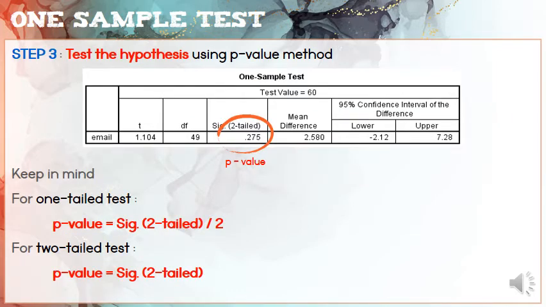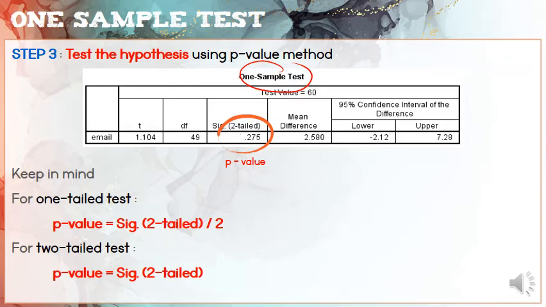Kalaulah soalan suruh you test hypothesis using p-value. So p-value is actually the simplest one here. Sebab apa? In our syllabus, awak tak belajar macam mana nak cari p-value. Apa yang awak perlu buat sebenarnya hanyalah ambil sahaja nilai p-value daripada SPSS output. Soalan takkan suruh you calculate the p-value. Now, if you notice dekat sini, SPSS output untuk one sample test, dia bagi awak sig. 2-tailed.